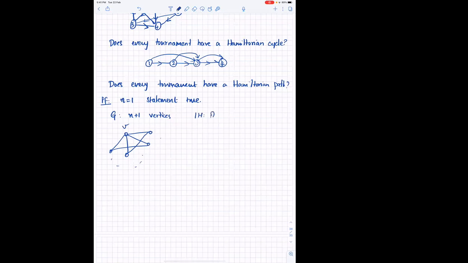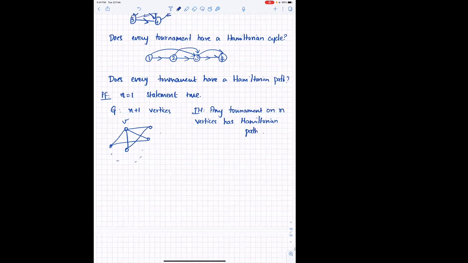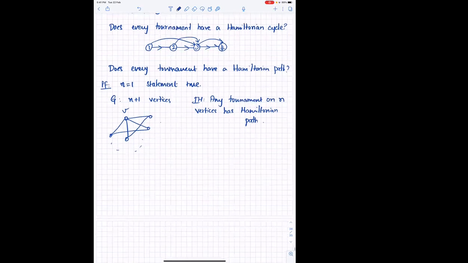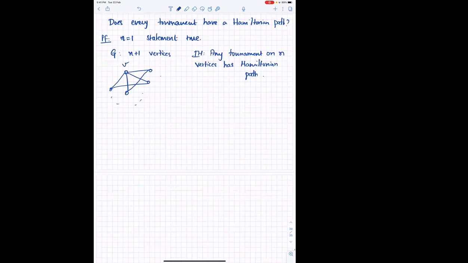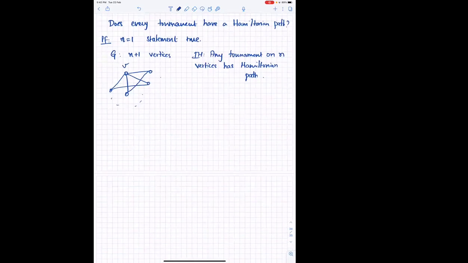That any tournament on n vertices has a Hamiltonian path. So now, to get from this graph on n plus 1 vertices to be able to use the induction hypothesis, what am I supposed to do? What do you think we should do?